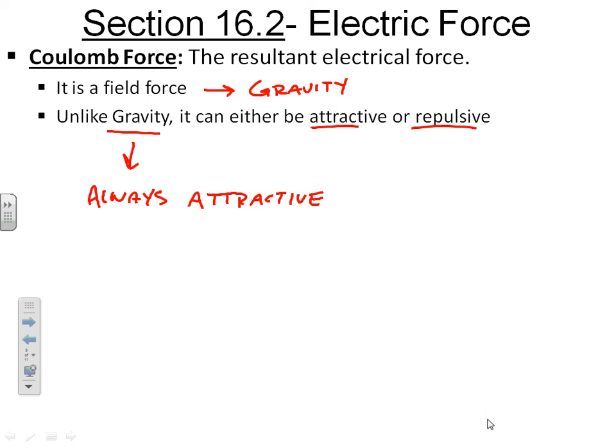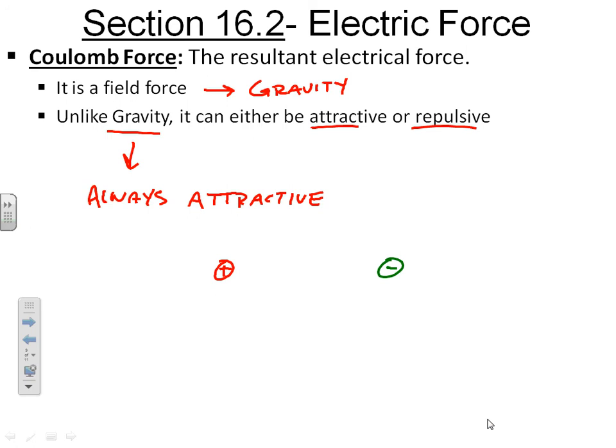If I have a charge here that's positive and a charge here that's negative, the same rule applies, where the magnitude of the charges and the distance between them give us our Coulomb force.